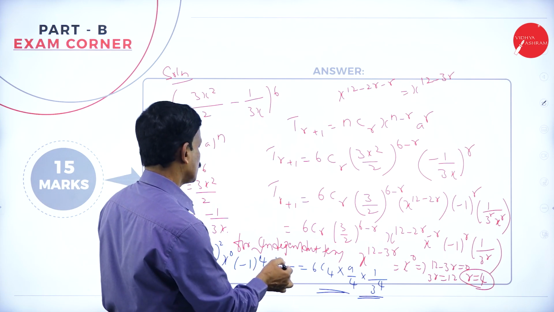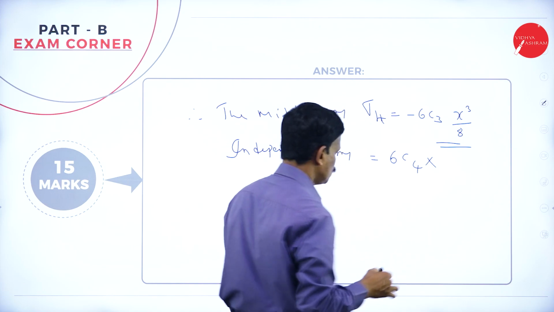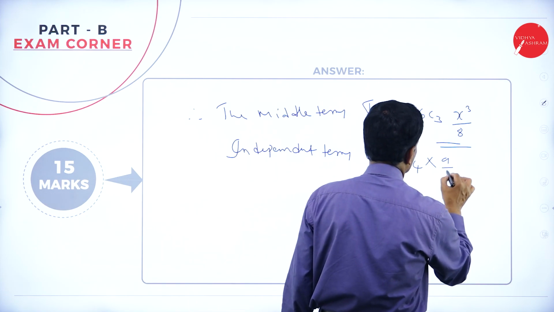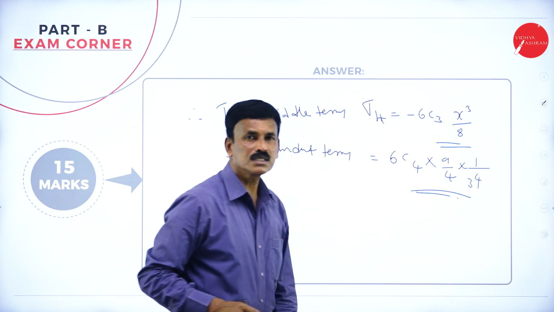The independent term is 6C4 into 9 by 4 into 1 by 3 to the power of 4. That's it. This is the required answer.